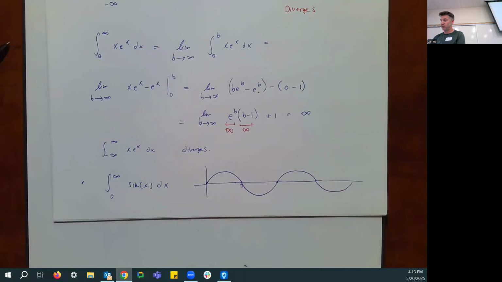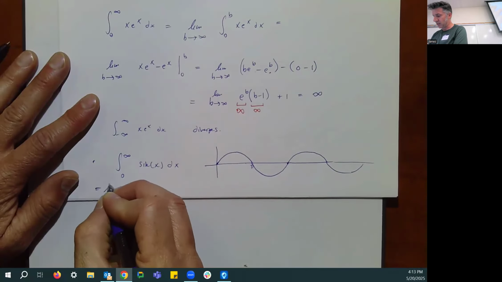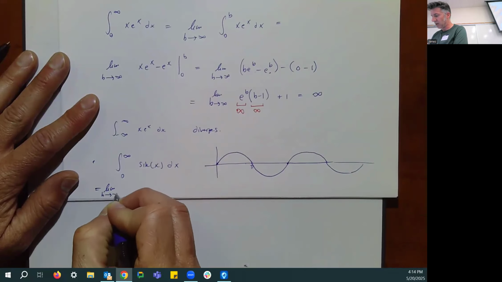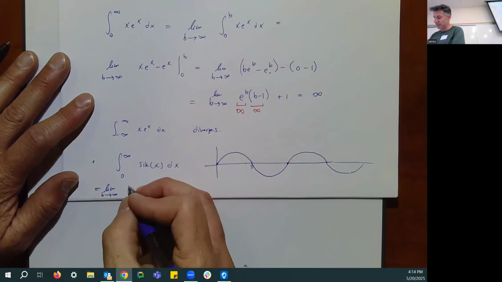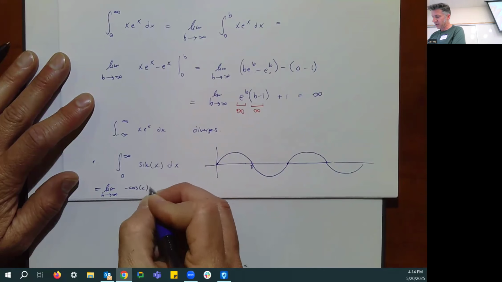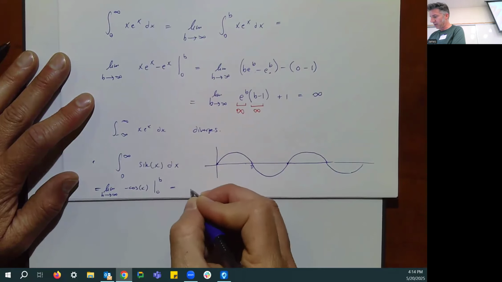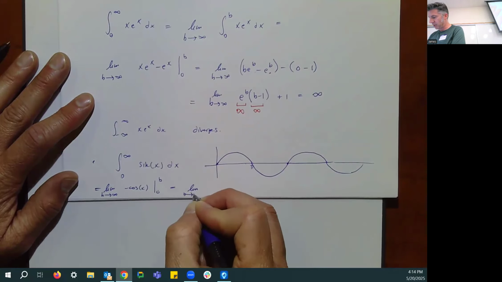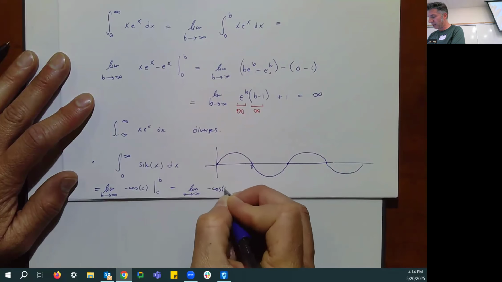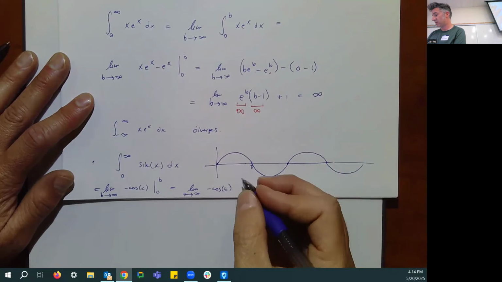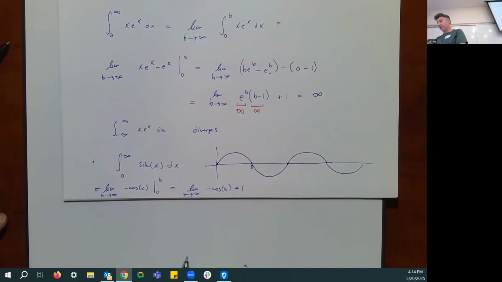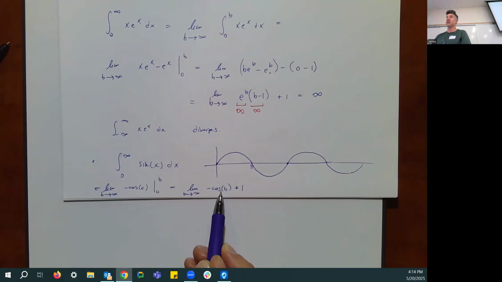This is going to diverge because when you write this as a limit, it's the limit as b goes to infinity. The integral of sine of x is negative cosine of x. From 0 to b, you get the limit as b goes to infinity of negative cosine of b minus negative cosine of 0, which is plus 1. But the limit as b goes to infinity of negative cosine of b, that limit doesn't exist.